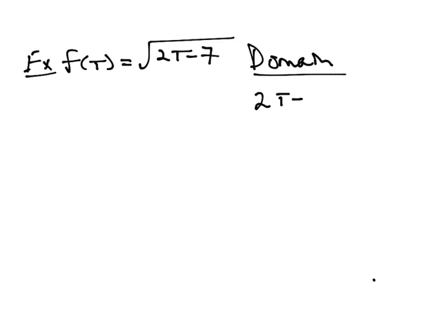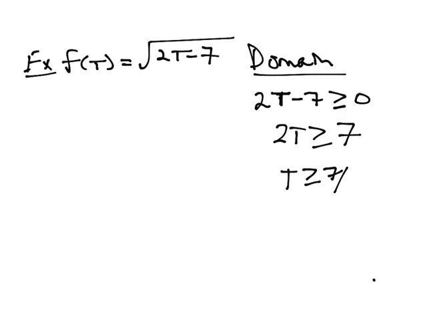In order for that square root to make sense, the number underneath, 2t minus 7, has got to be greater than or equal to 0. Because the moment it turns negative, we take the square root of a negative number, we no longer have a real number. We have a complex number. So the domain here is everybody where 2t minus 7 is greater than or equal to 0, which means 2t has got to be greater than or equal to 7, which means t has got to be greater than or equal to 7 halves.